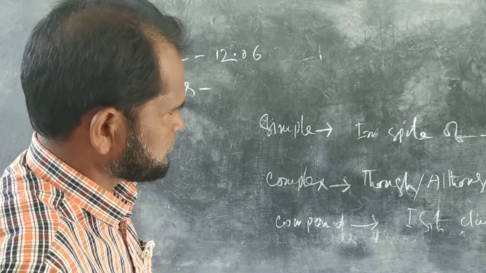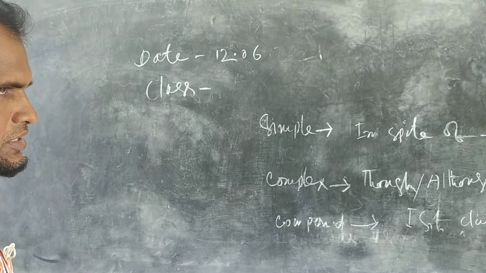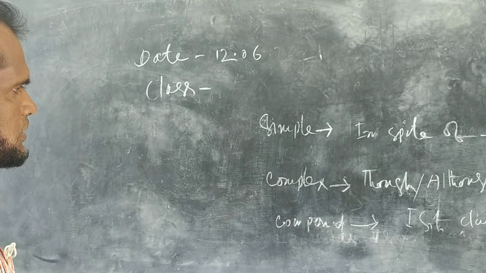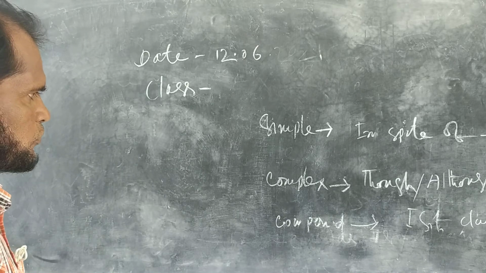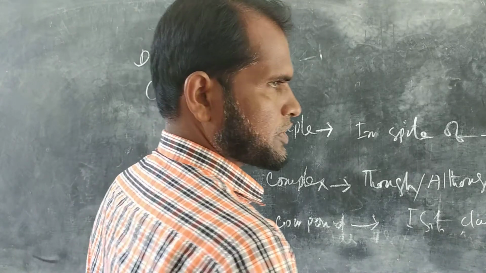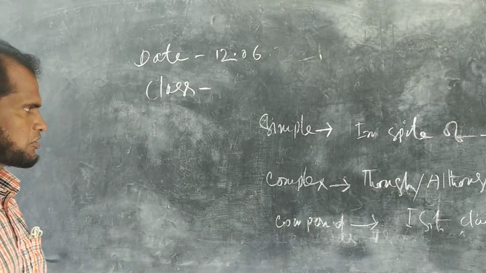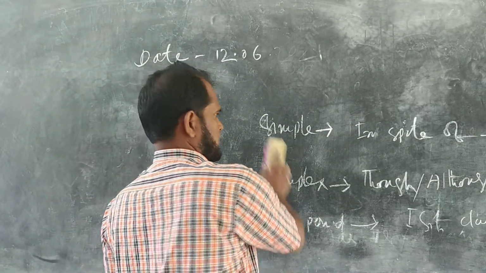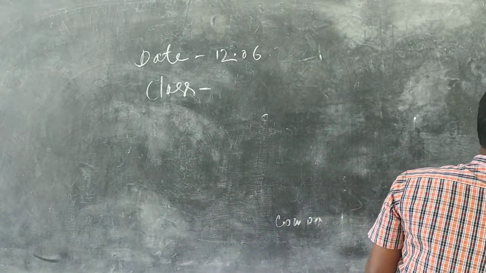If you understand the structure, you can easily turn it into complex, simple, compound. And I hope that you have all written it in your exercise book. Now I am going to give an example of it, and it will be very easy to understand.